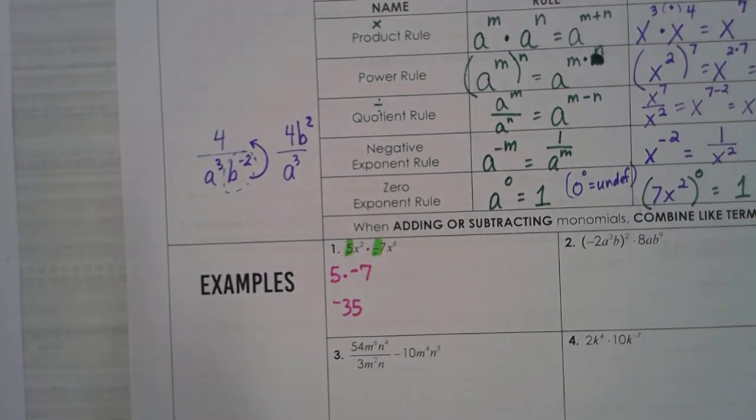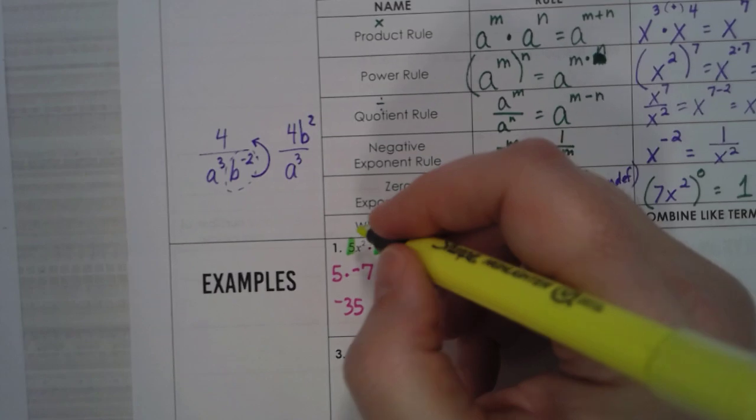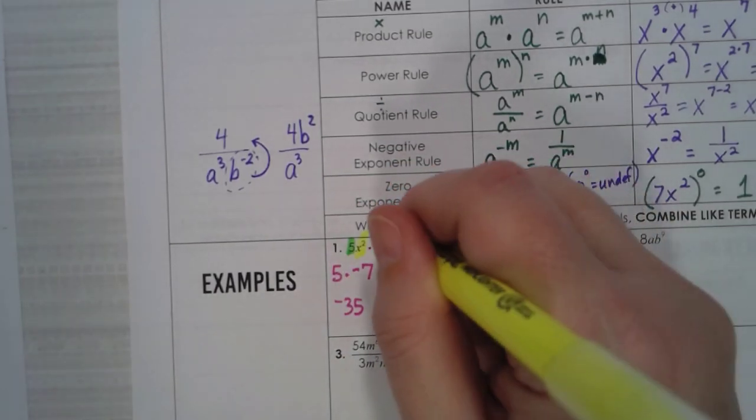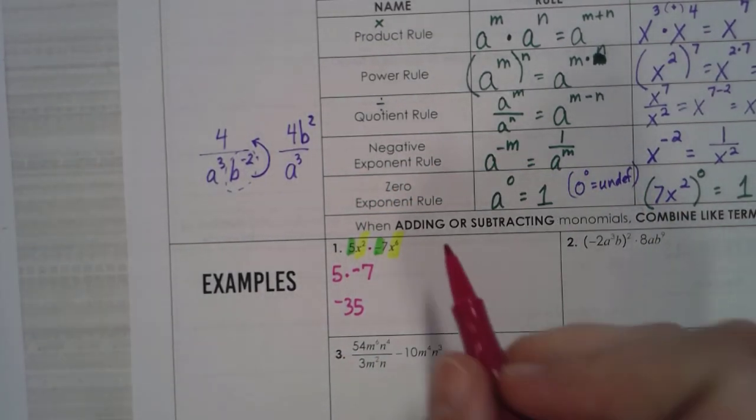Then we're going to take the other stuff, whatever is the same variable, and combine it together. This has an x to the 2nd power, and this has an x to the 6th power.